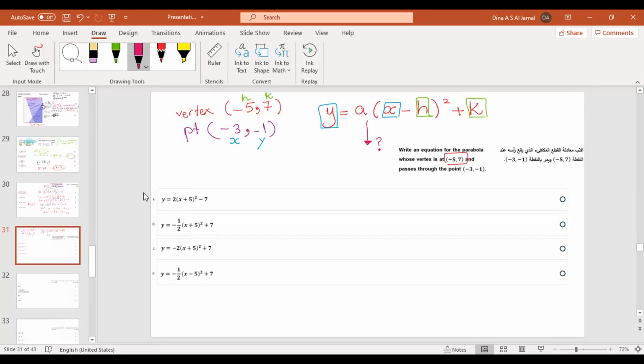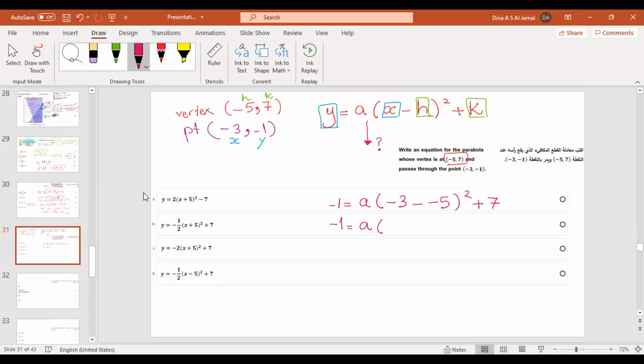After this, you need to substitute and put it as it is. So let's substitute. Our y is -1. Your a is unknown. x is -3, minus 5, all squared, plus 7, times a.